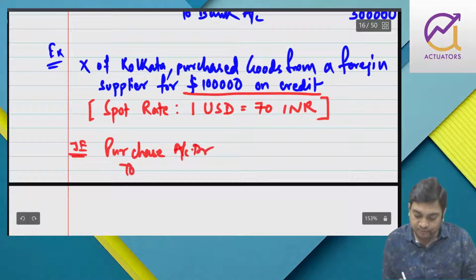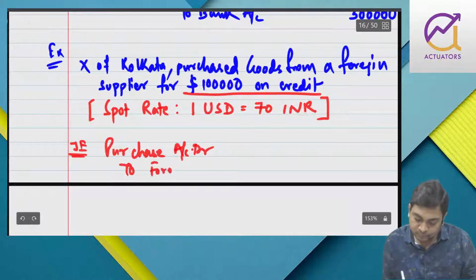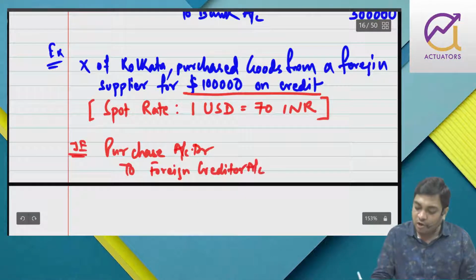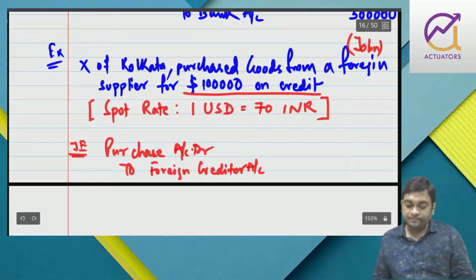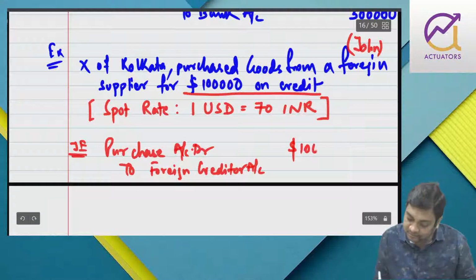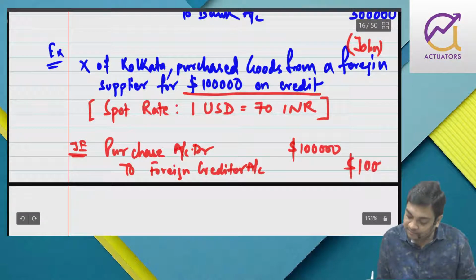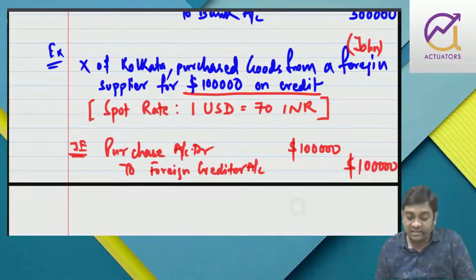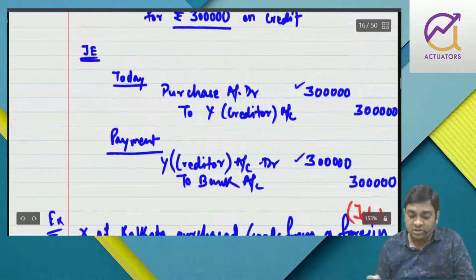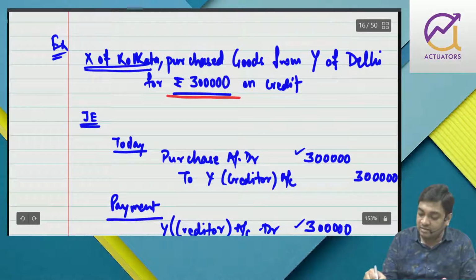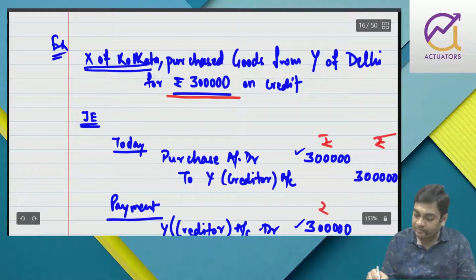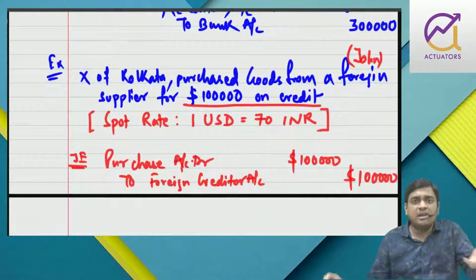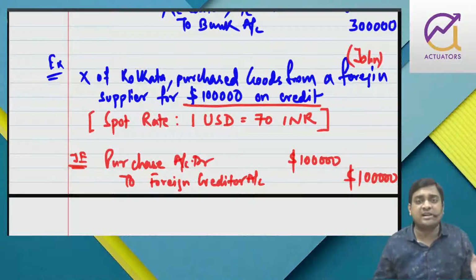Purchase account debit to foreign creditor, say for example John. Shall I show it at 1 lakh dollar? Absolutely not. This is X of Kolkata, whose books are reported in rupees. Suddenly one transaction is getting reported in dollar. How are you going to present your financial statements?